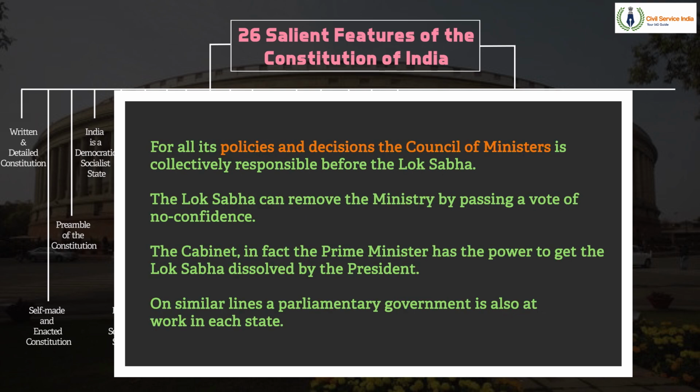For all its policies and decisions, the Council of Ministers is collectively responsible before the Lok Sabha. The Lok Sabha can remove the ministry by passing a vote of no confidence. On the advice of the Cabinet, the Prime Minister has the power to get the Lok Sabha dissolved by the President. On similar lines, a parliamentary government is also at work in each state.